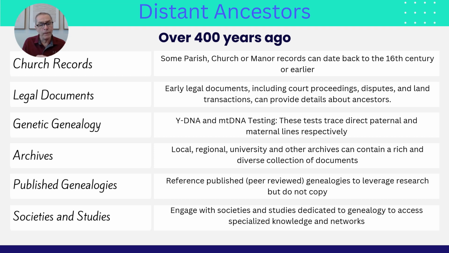And then finally, there are lots of societies and studies, one name studies that will take you back in time. There are lots of societies that deal with particular families or particular areas for these distant ancestors, but it takes a lot of time. And what we do find with these distant ancestors as we look back in time, due to naming conventions, there may be many people in the same area with the same name, and that will be very confusing.